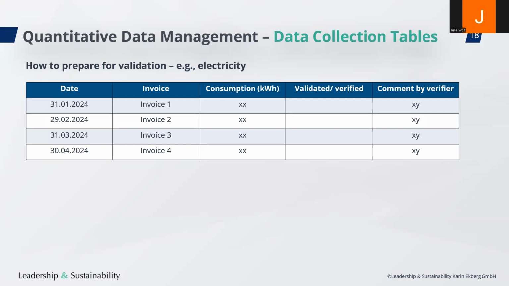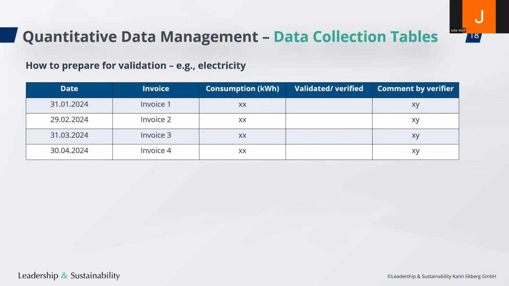So actually we recently had one facility that started to create a table that looks like this, where you have, for example, for electricity, for every month when they have received an invoice, they list the invoice number here, they list the consumption, and then the verifier can take the invoice, have a look at it, check the number, look into this table.